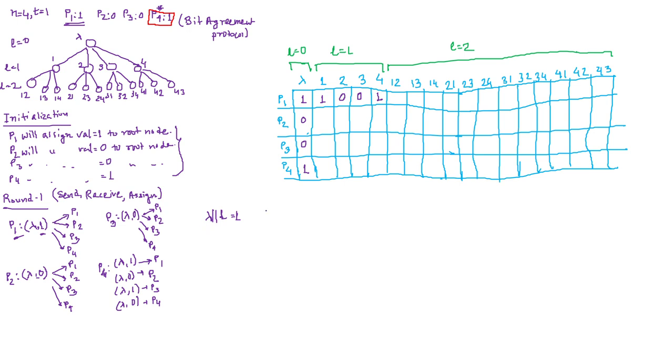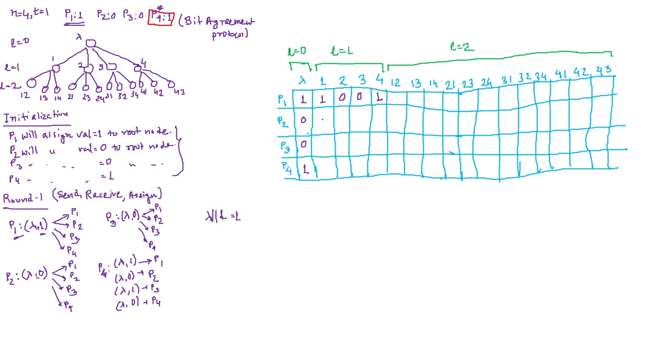Now analogously, let us fill the level 1 nodes for P2's EIG tree. So what has P2 received? P2 has received lambda comma 1 from P1. So P2 will fill the value 1 at the node labeled with or tagged with lambda concatenated with party ID 1.